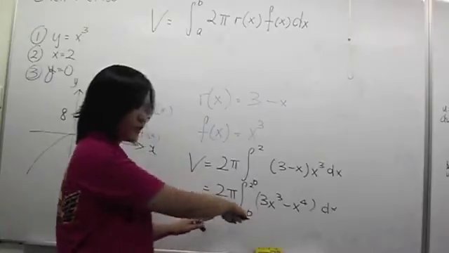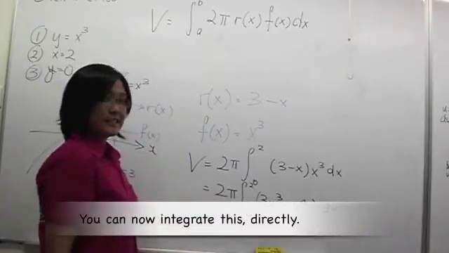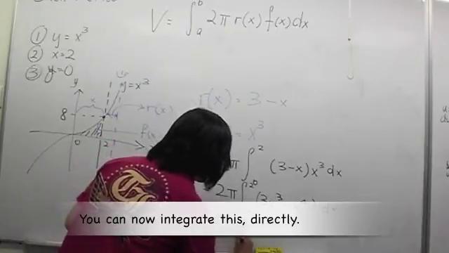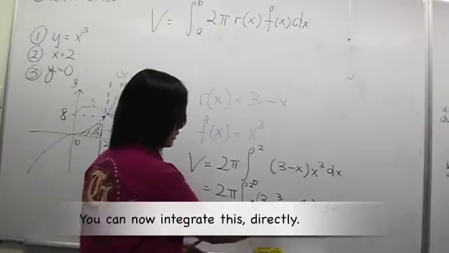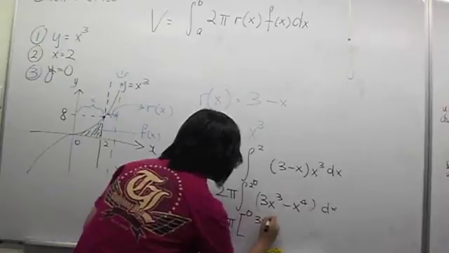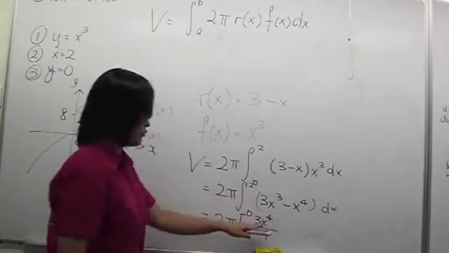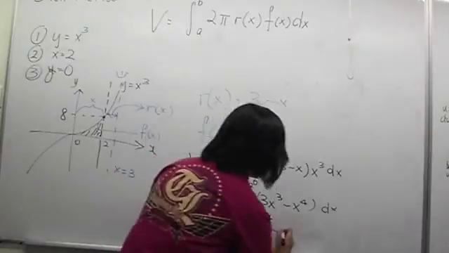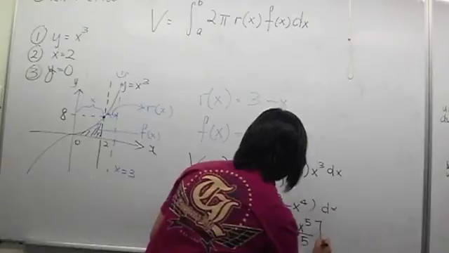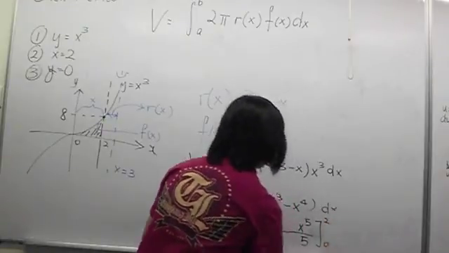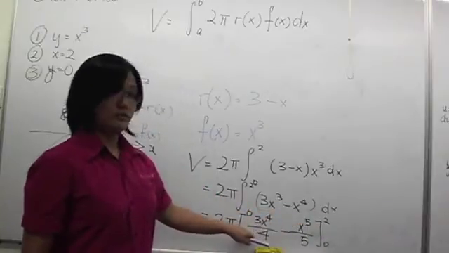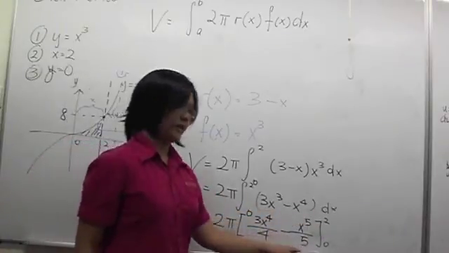You can directly do integration since this function is very simple. Integration: power of x plus 1 over the new power, which is 3x to the 4 over 4 minus x to the 5 over 5. Now you just need to substitute the values into here to find the answer.